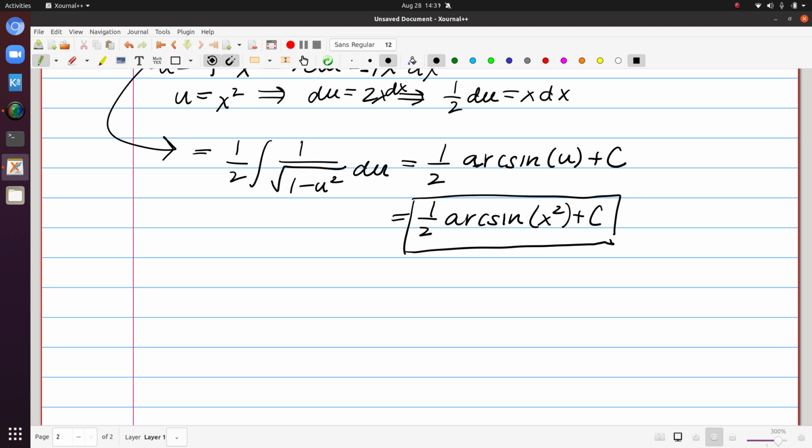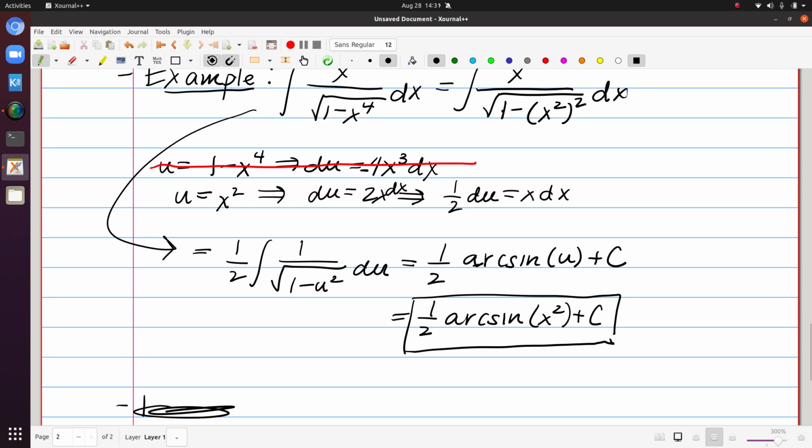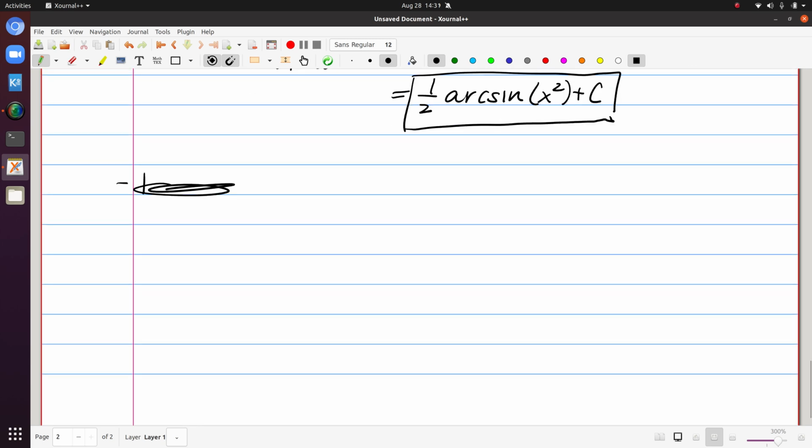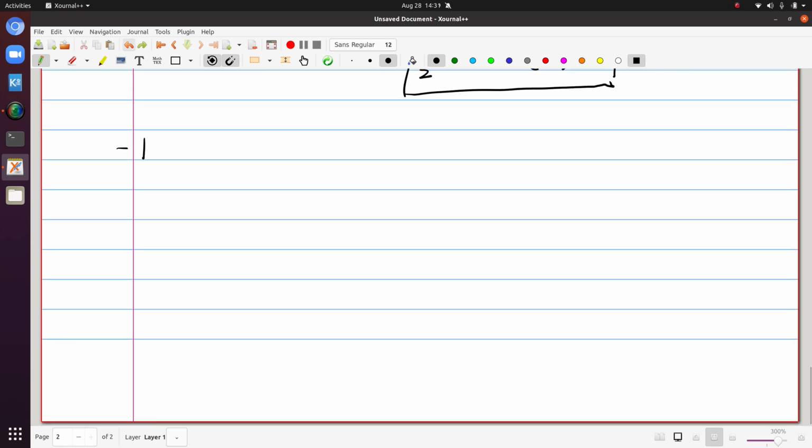Another example to see this is, let's see, this is the integral of x over x minus 1.